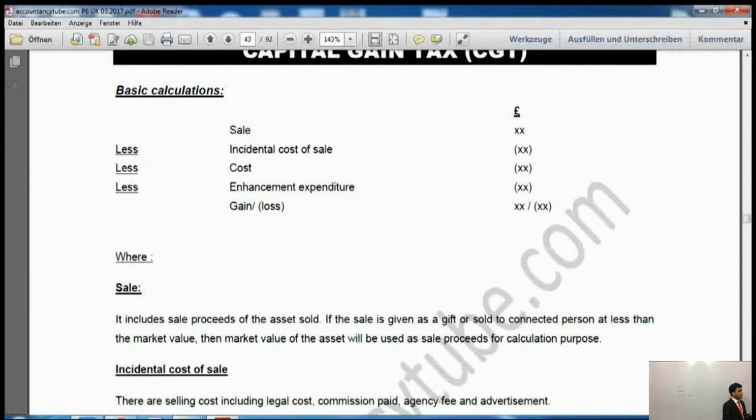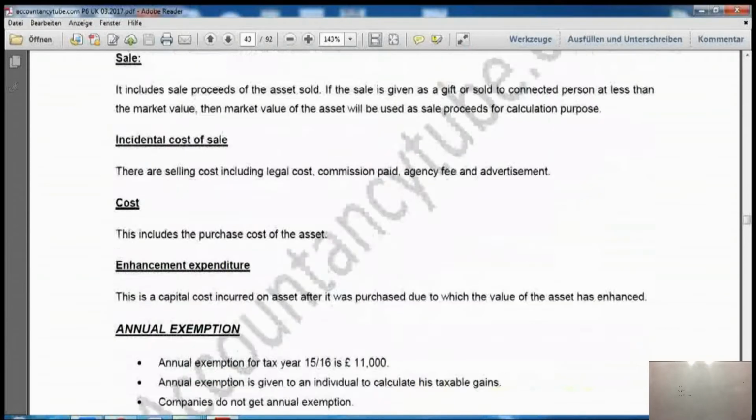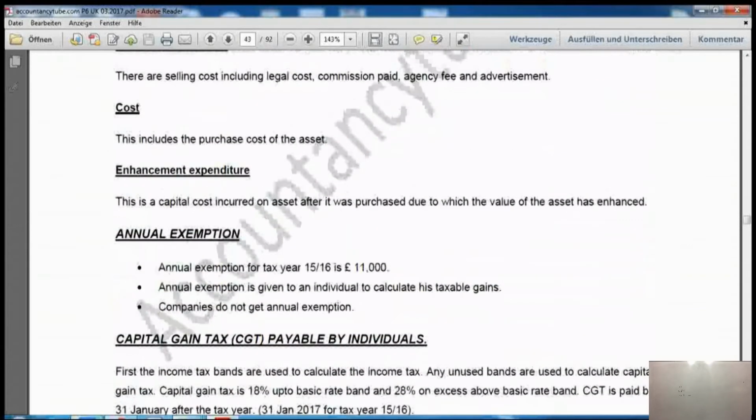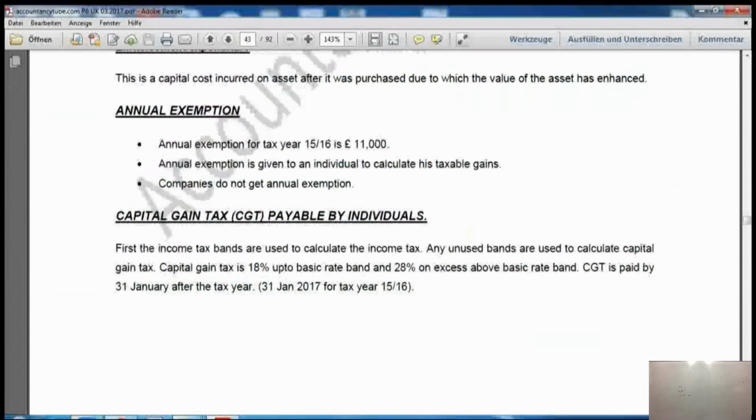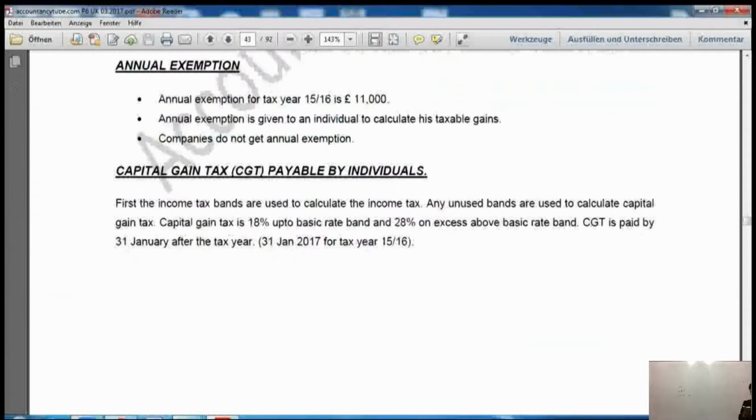All right. Now it says where sales. Now these are the definitions. You will have to read it yourself. It says sales, then it says incidental cost of sales, and then cost, enhancement expenditure, and so on. After that, it says annual exemption amount. Now, annual exemption amount is the personal allowance of capital gains tax. Now, the personal allowance of income tax was 10,600, but you don't get personal allowance in capital gains tax.